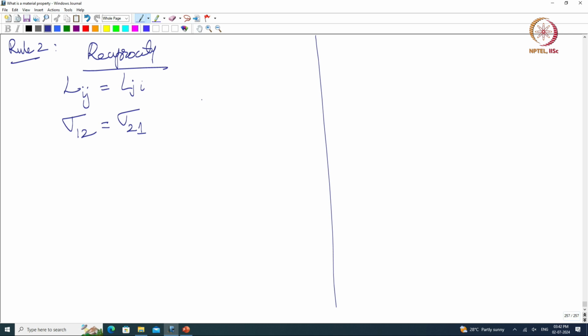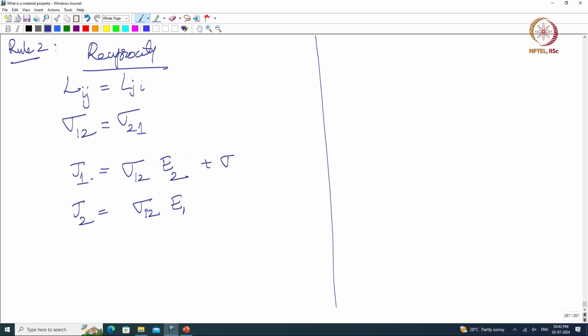What is sigma 1 2? It tells me that if I have an electric field in direction 2, what is the current in direction 1. Turns out that if I have current in direction 2, that will be related to electric field in direction 1 exactly with the same coefficient. These two are the same.